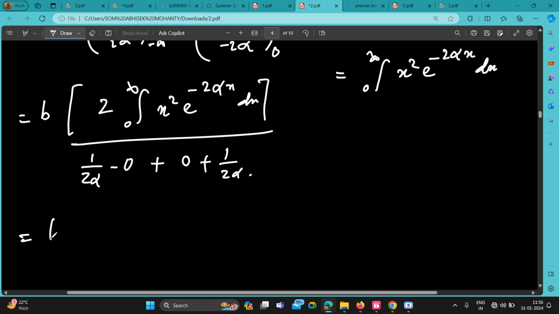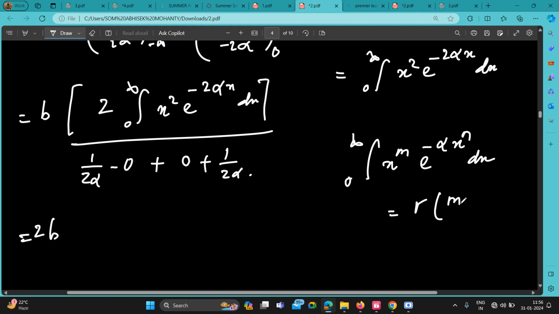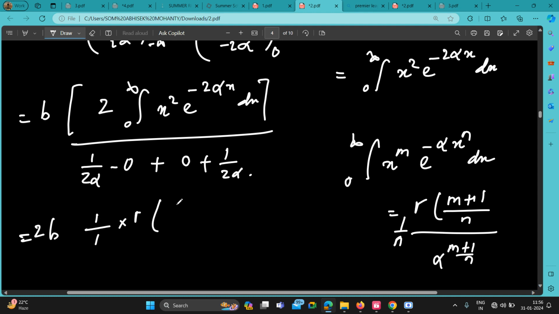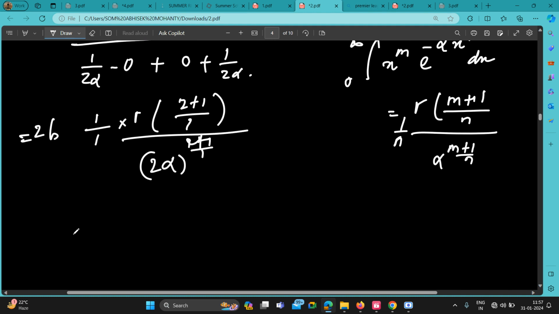So that becomes, you have to do it first. I'm doing this really fast because the formula is: integral 0 to infinity x to the power m e to the power minus x to the power n dx equals gamma of (m plus 1) by n divided by alpha to the power (m plus 1) by n, with a 1 by n factor here. So here n is 1, m is 2, and alpha is 2 alpha: 1 by 1 into gamma of 2 plus 1 by 1, divided by 2 alpha to the power 2 plus 1 by 1. That gives 2b gamma 3, which is 2, divided by 2 alpha cube, which is 8 alpha cube.